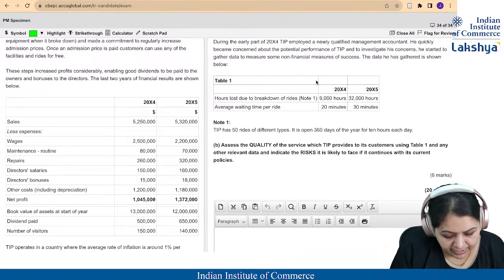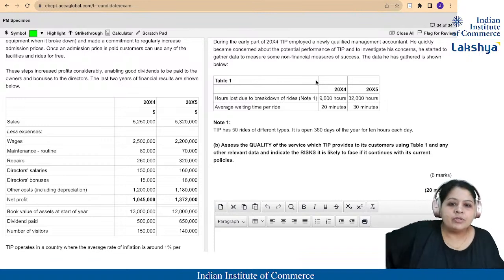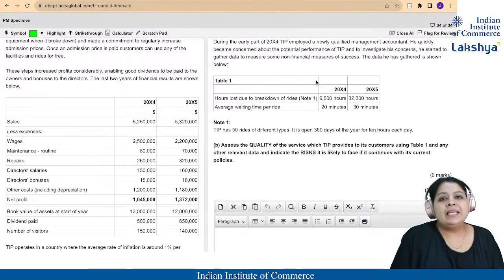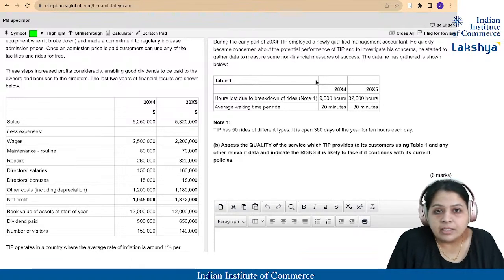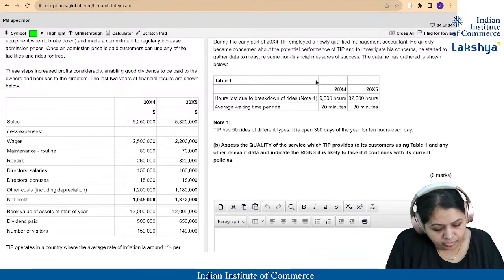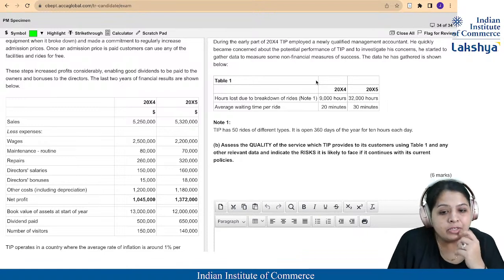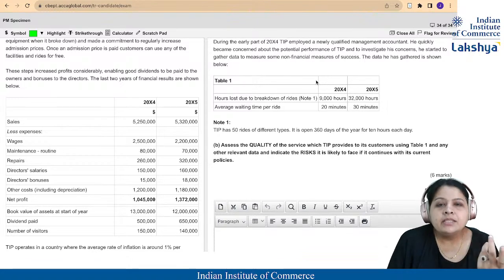Right now, as I said, there are many risks that the company has because they are into theme parks, and a theme park needs to make sure that health and safety is taken care of properly, right? So the reliability of the rides will also reduce because if you notice, the maintenance has reduced. The company is cutting down on maintenance cost, right?